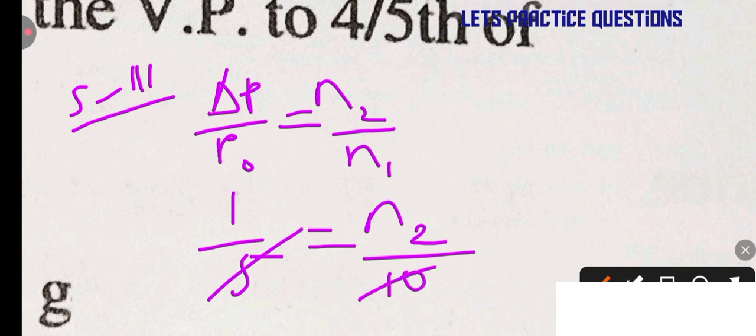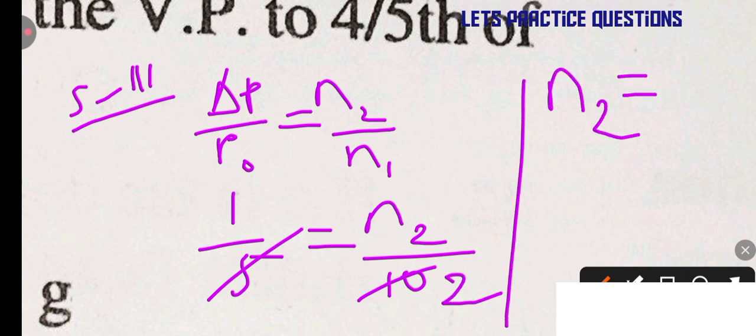So the answer is that moles of the solute is 2 mole. In the previous step, we calculated that number of moles of solute is 2.